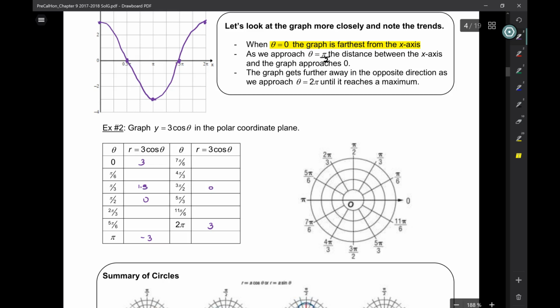At 2 pi over 3, now we're on the left hand side, x is negative, so it's negative 1.5. At 4 pi over 3, down here, it's negative 1.5 again. And then at 5 pi over 3, it's 1.5. And the rest of them are 2.6.